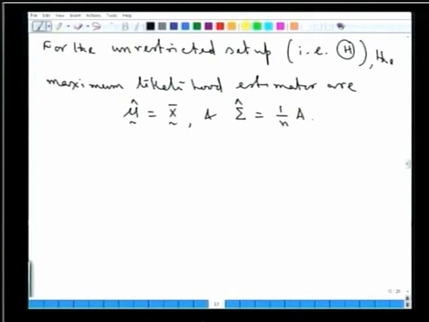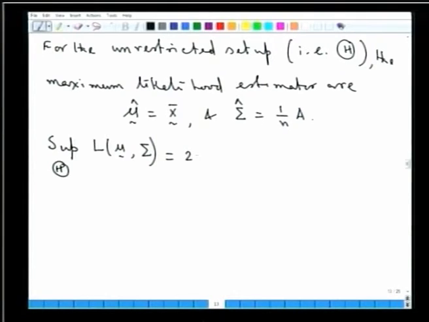that these are the maximum likelihood estimators in case of a multivariate normal distribution. Now if we are looking at the supremum over script theta of this L(mu, sigma), then that would be obtained if we plug in these values as the corresponding maximum likelihood estimators and then see what is the form of this quantity.